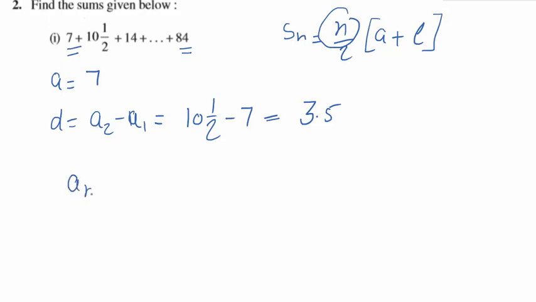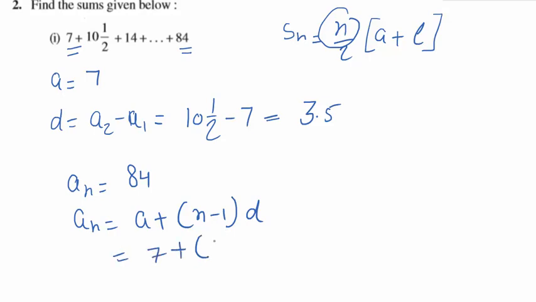We are given the nth term, that is 84. A we know is 7 and D is 3.5. So we will use the formula of nth term, that is a plus n minus 1 into D. Now a is 7, n we have to find, D is 3.5 and the nth term is 84.